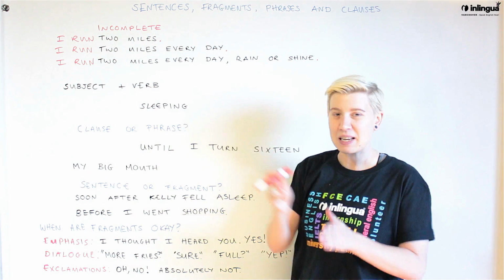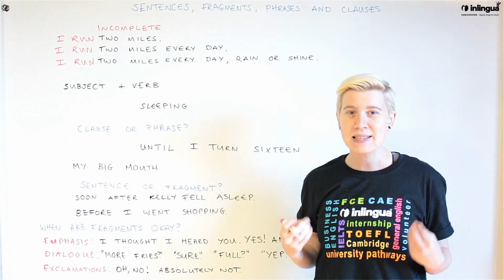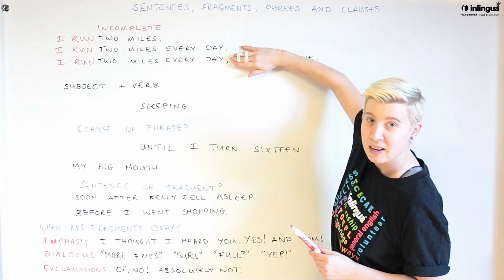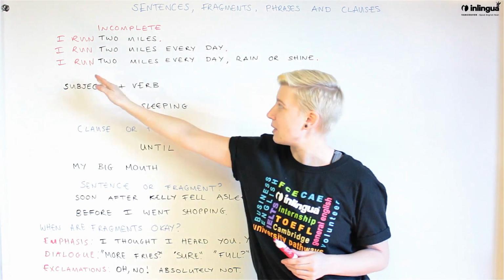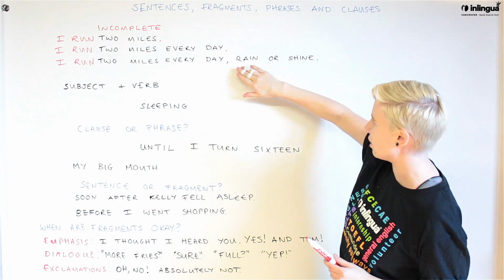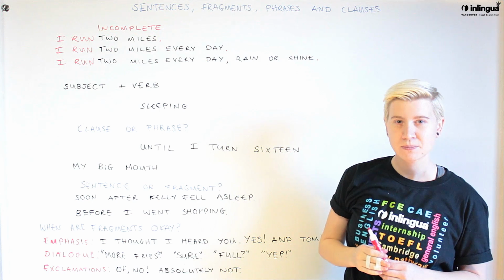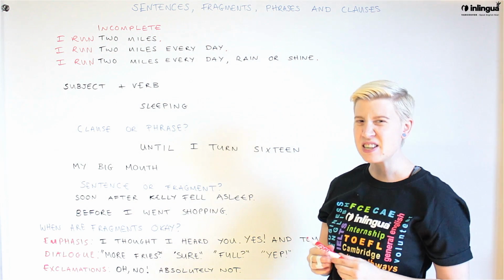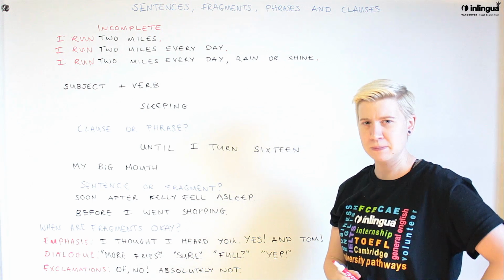So here, we have extended the sentence. We have added more information. Okay? We can remove this here, and we still have a complete sentence, as you see. So what do we call this section on the end? Rain or shine? If we look only at this section, is that a sentence? Rain or shine?